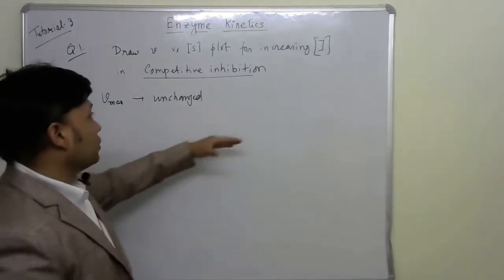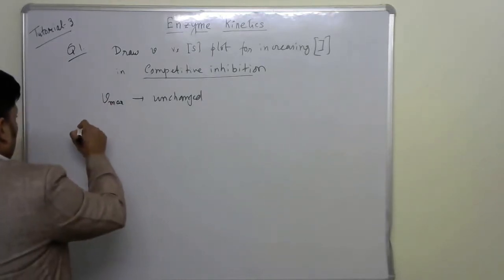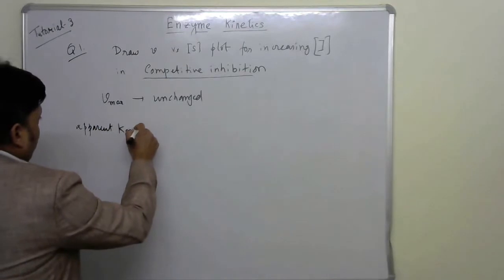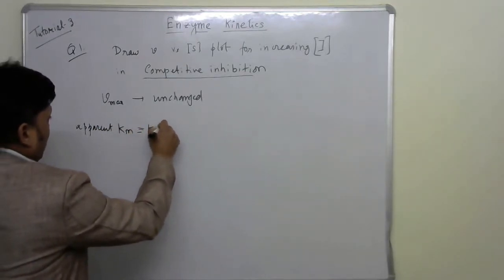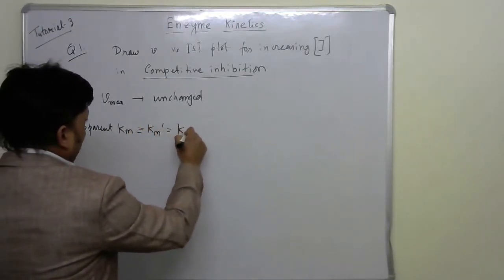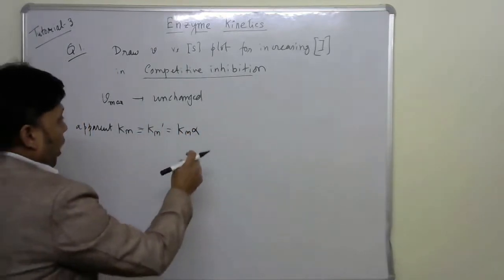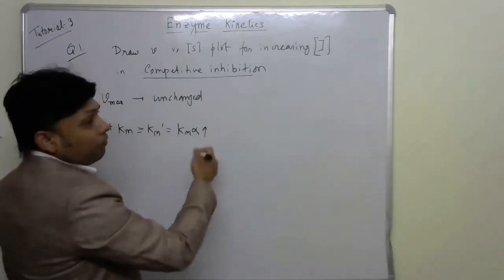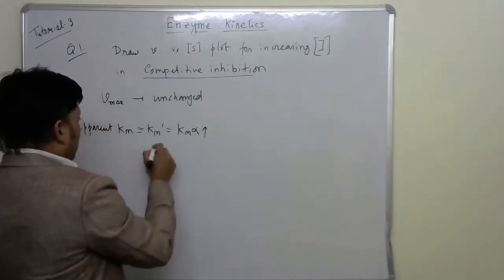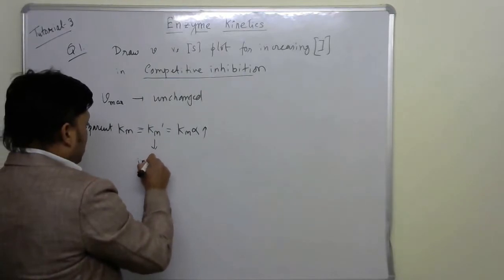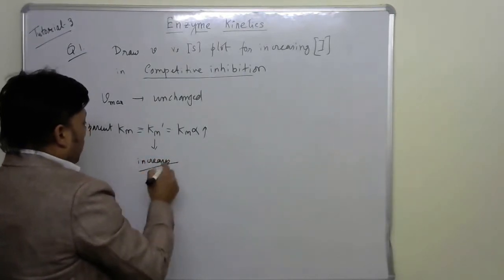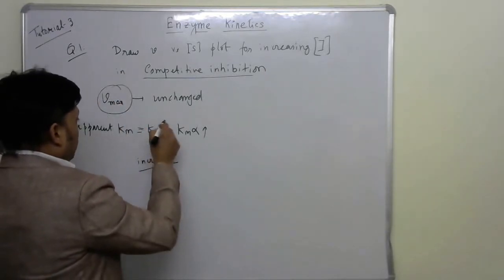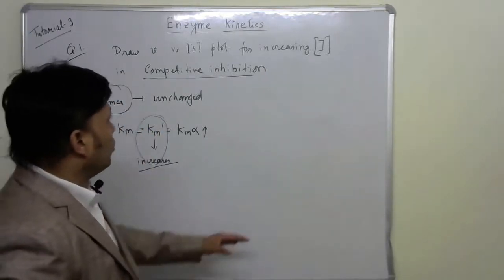Vmax is constant with respect to increasing I. And then the apparent Km, also known as Km prime, can be expressed as Km multiplied by alpha. So now alpha contains the I term, so with increasing I, this alpha term increases, therefore the apparent Km prime increases. Okay, so therefore we just need these two pieces of information: Vmax unchanged and Km prime increasing with increasing I.